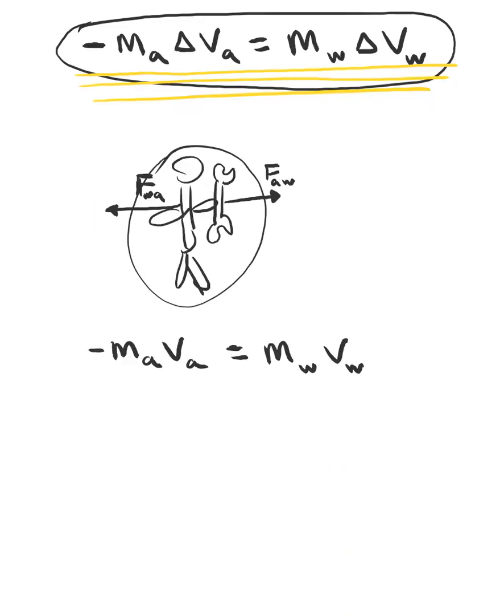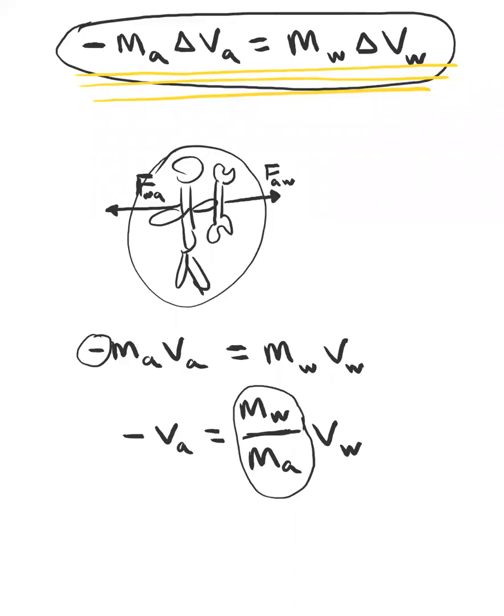So these two things must be equal. The meaning of the negative sign is, I think, clear. The negative sign means that they are moving in opposite directions. Now, what can we say about the velocities? If we rearrange this formula like so, then we will see that the velocity of the astronaut is related to the velocity of the wrench by the ratio of their masses.